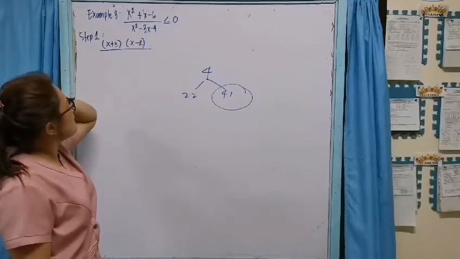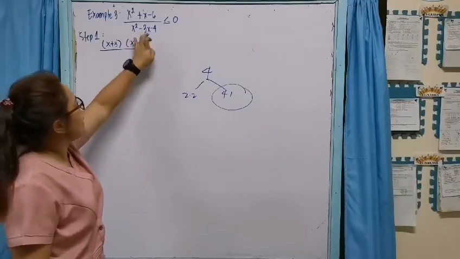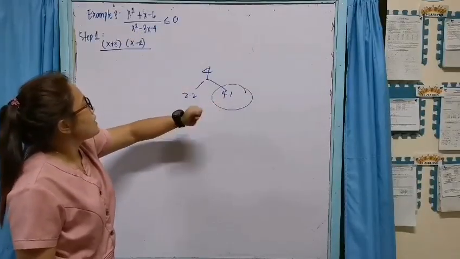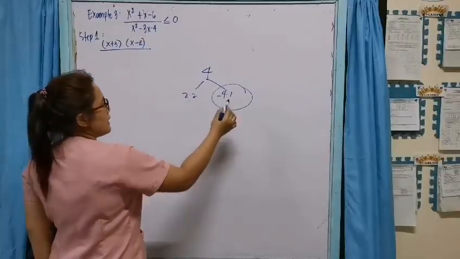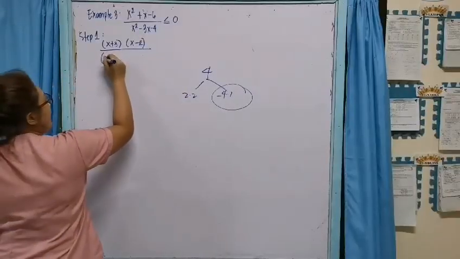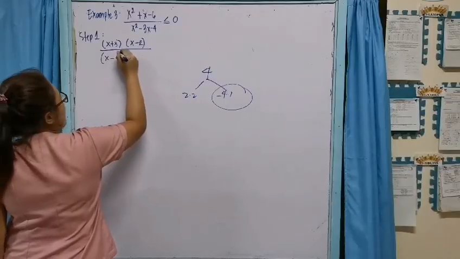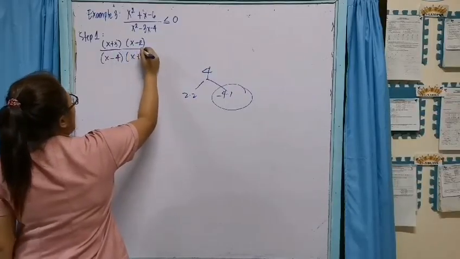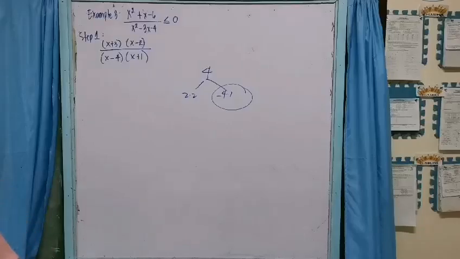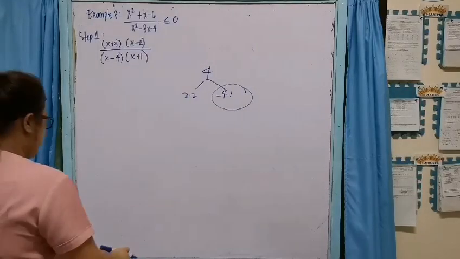Since it is negative, the bigger number carries the negative sign. So you can have x minus 4 and x plus 1. You can also check that one in your notes.